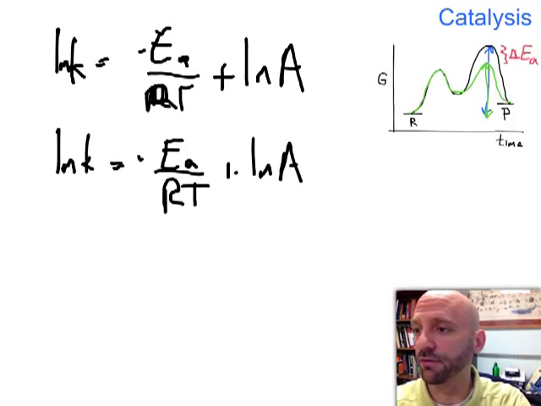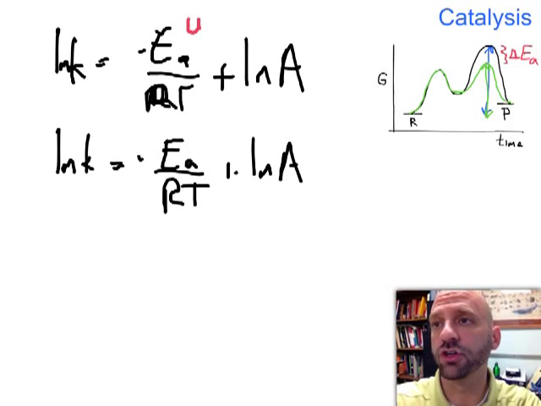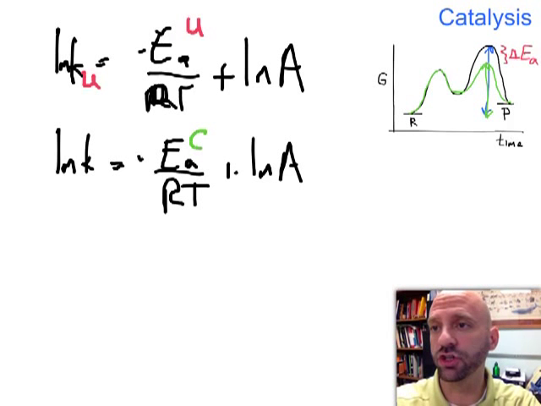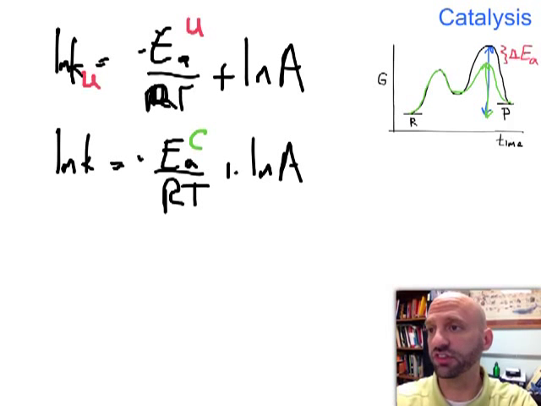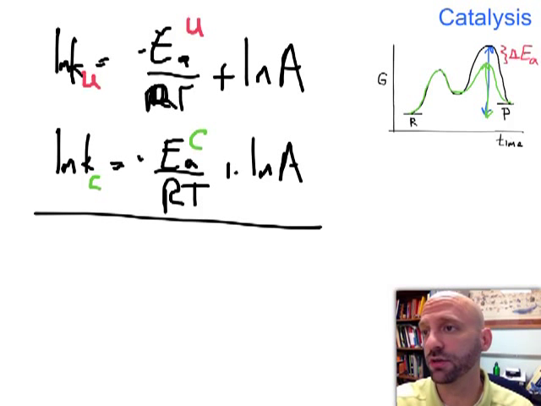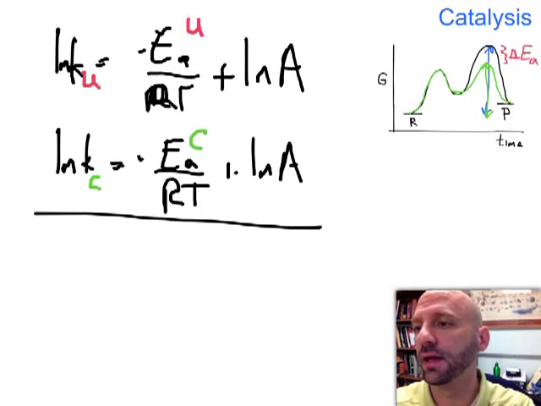So I could have the activation energy for the uncatalyzed reaction that I'll represent as E sub U. That will have some rate constant, k sub U. And then I could have the activation energy of the catalyzed reaction, I'll call that E super C, with a rate constant, k sub C. And so I could then go ahead and combine these equations, not unlike what we did for the temperature variation, and arrive at a conclusion that looks something like this.